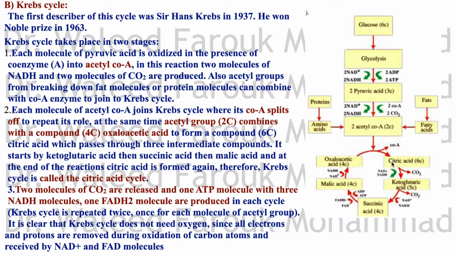That's why it's called the citric acid cycle. The citric acid passes through ketoglutaric acid, succinate, and malate, and again to oxaloacetate to combine with the acetyl group of acetyl-CoA to form citric acid again, and so forth.